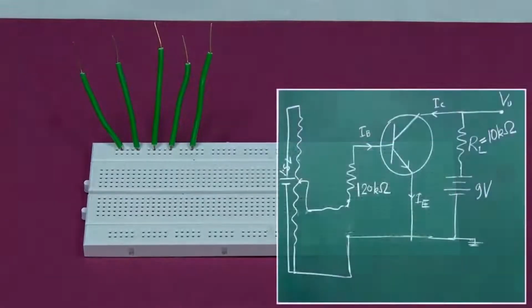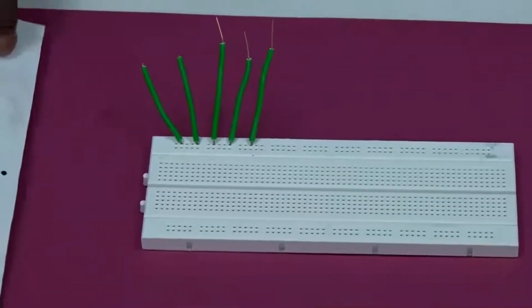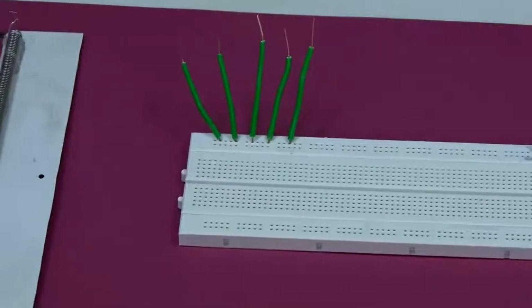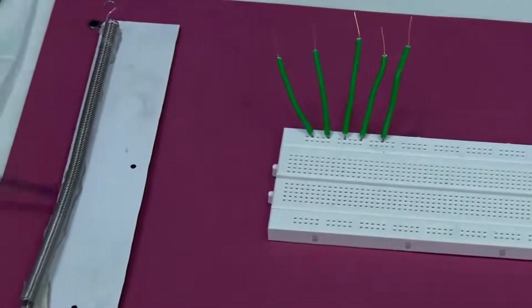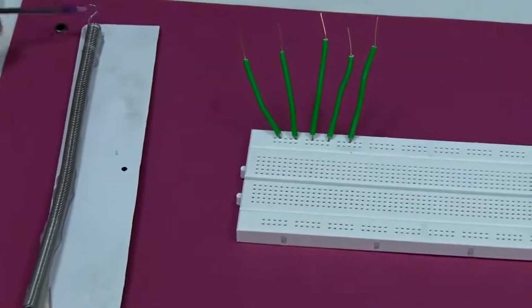So, let us first construct that input side and the 1.5 volt battery with heater coil to give bias to the base. Right. So, this is that heater coil. On this, we will be putting the 1.5 volt battery. So, 1.5 volt you can connect here, positive here and negative here.